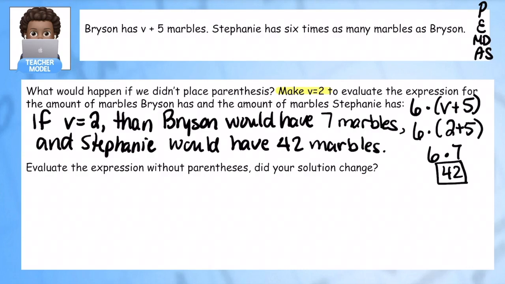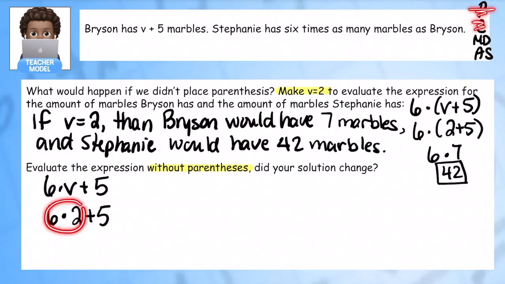So now let's pretend that our parentheses, we didn't have it. Would our solution change? So now we're going to do the same thing about it. So 6 times V plus 5, 6 times 2 plus 5. Now there's no parentheses, so my order of operations says I have to multiply first. 12 plus 5, which would mean 17.